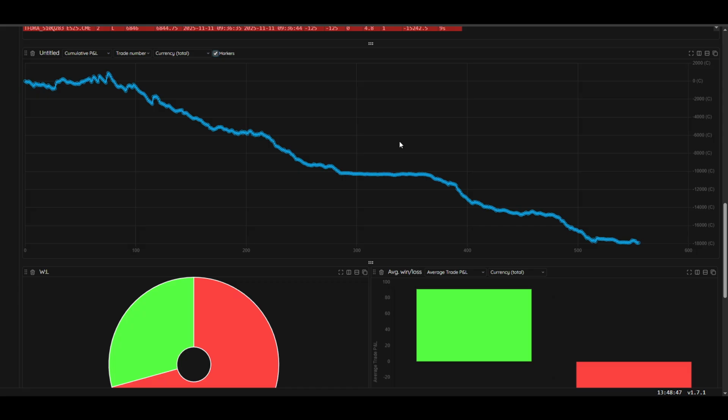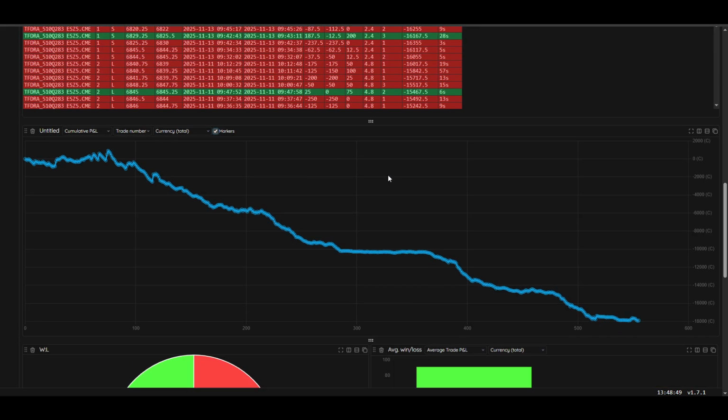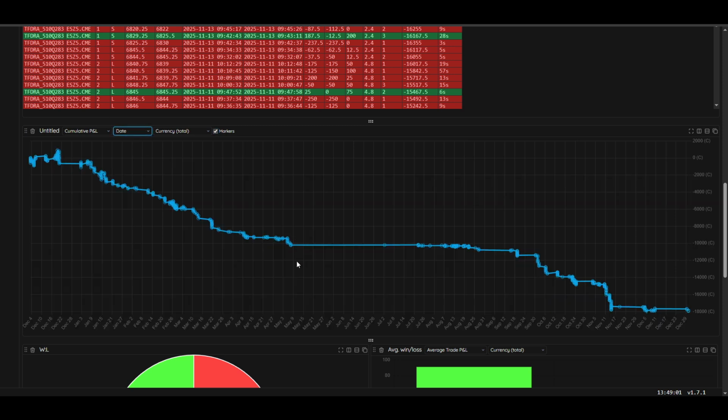Now it's been tagged, so I can remove that. And then there's another trade that lost 1,800. I wouldn't consider that an outlier. So we'll remove the ratings.